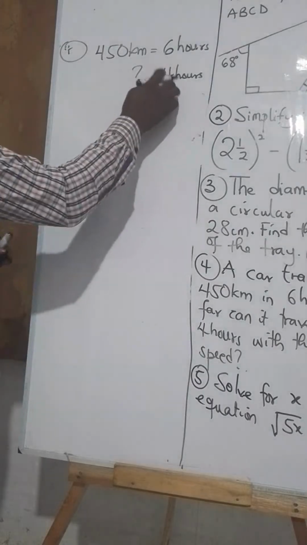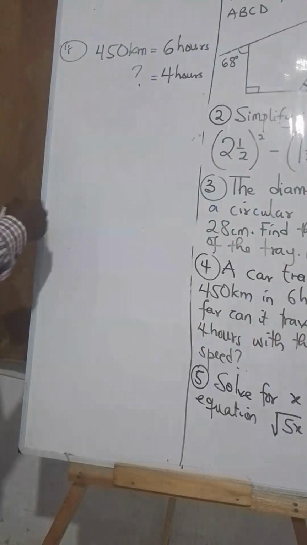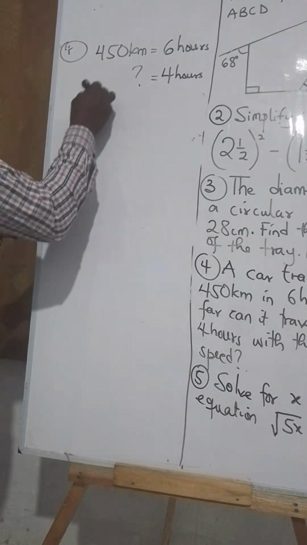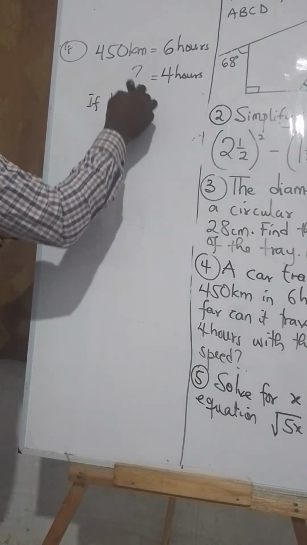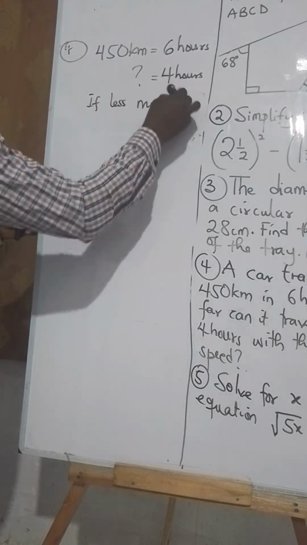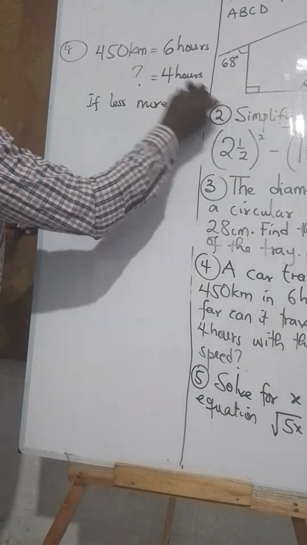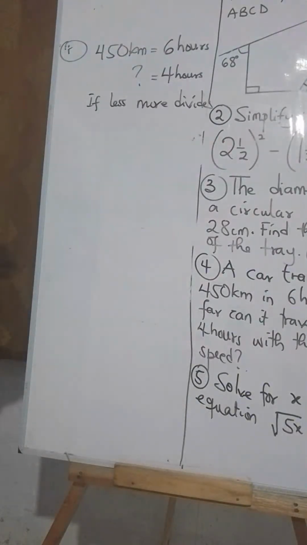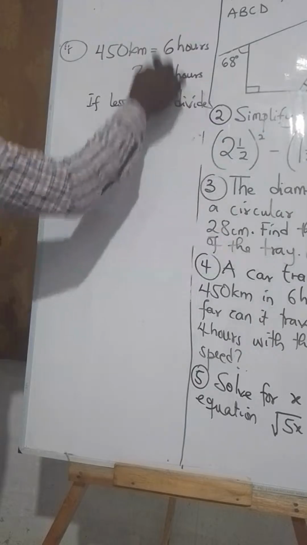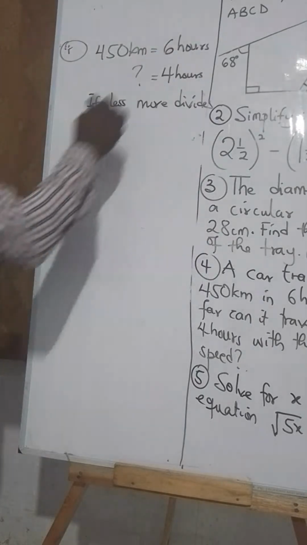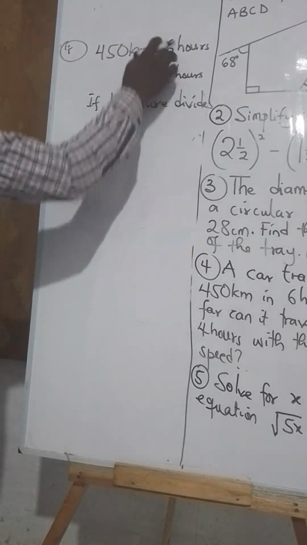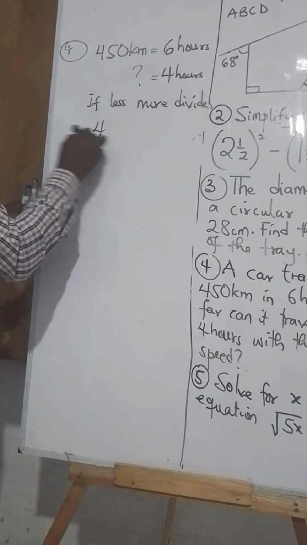So if less, then we have more divide. So this is a unit of the same kind, so you compare it. 4 will be less, and the more is 6.